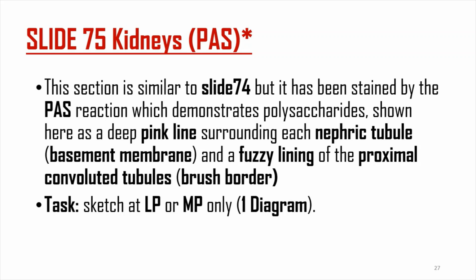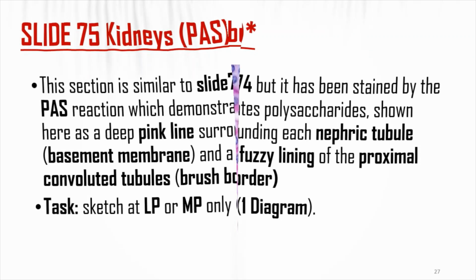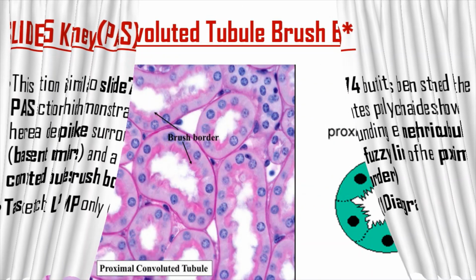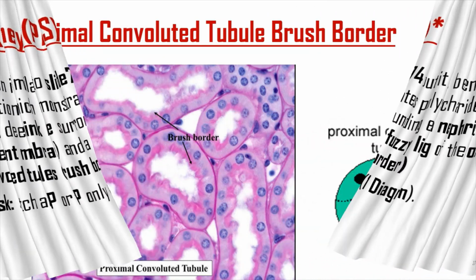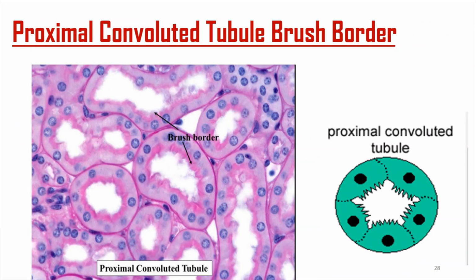So your task here is to sketch at low power, or medium power. Just draw one diagram. This one diagram here is just showing you this. This is the proximal convoluted tubule. These are cuboidal cells and they have a brush border.